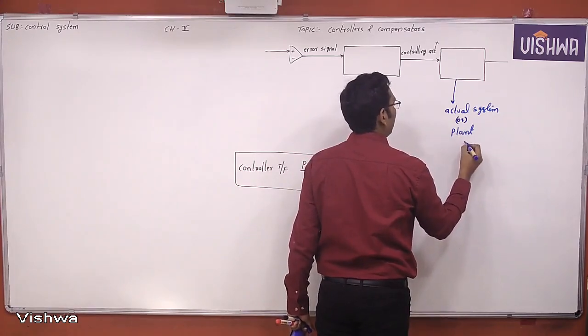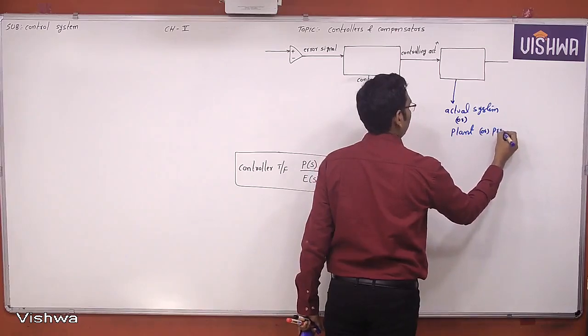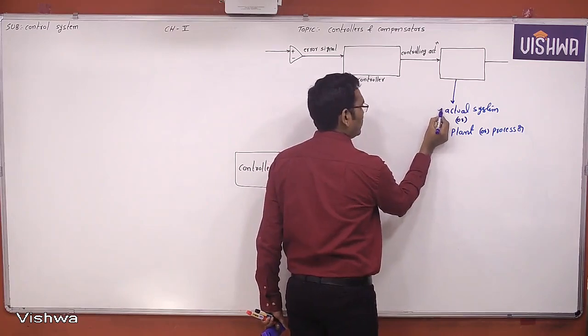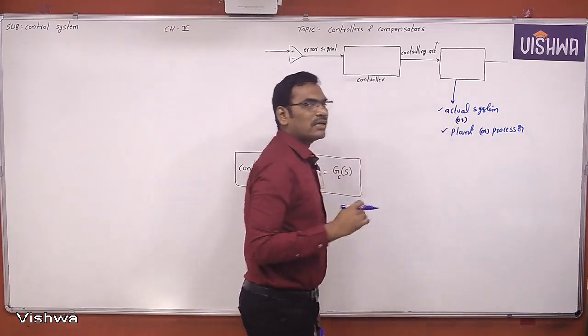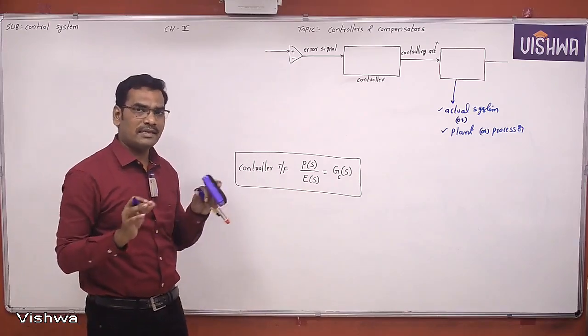Earlier classes also called it a processor, but the exact name is actual system or plant. No sir, we don't understand the actual system or plant; tell me what exactly it is.